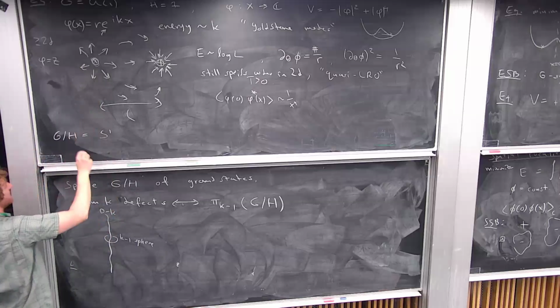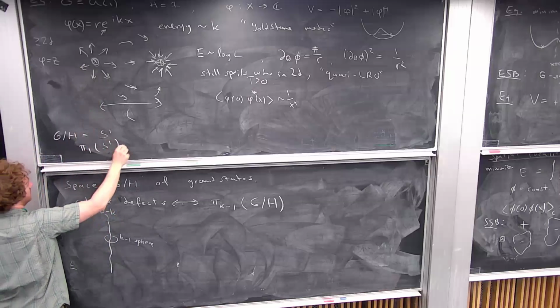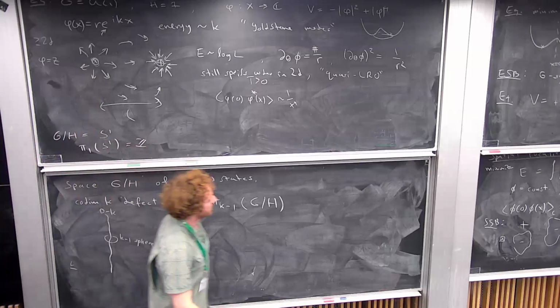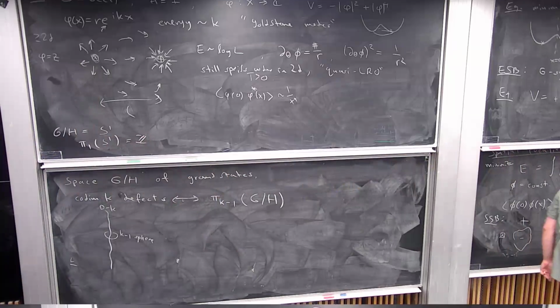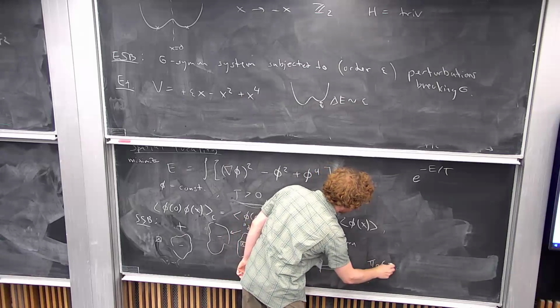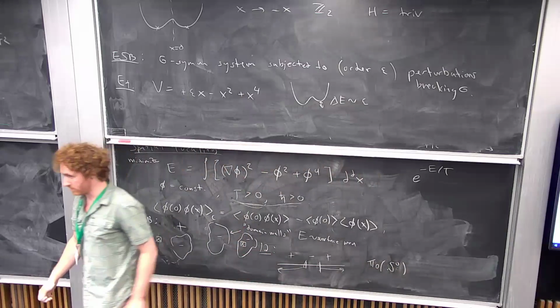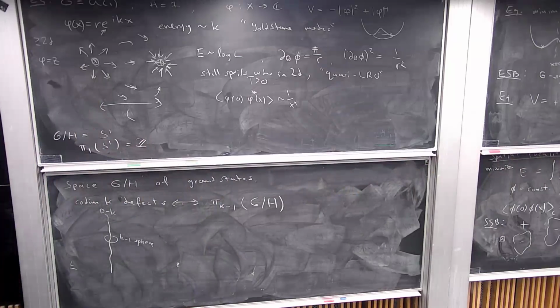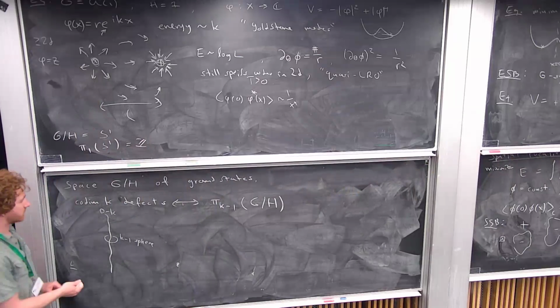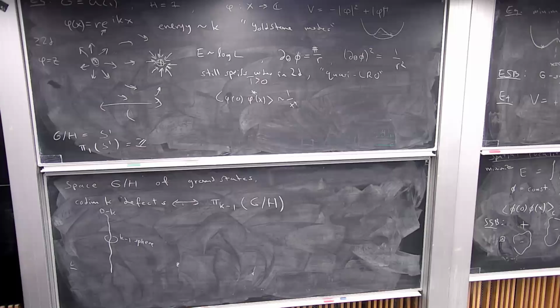So this vortex is associated to pi 1 of S1, and these domain walls are associated to pi 0 of S0, where you have C2 broken to nothing. So these are the defects that are interesting from the point of view of spontaneous symmetry breaking.